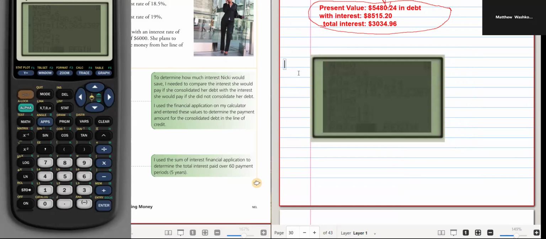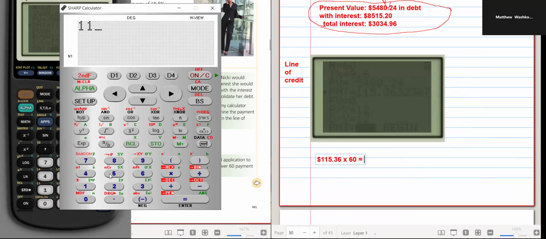And now here's my line of credit, right? So it's $115.36 times 60 months. At surface value, this looks more expensive, but it's not.